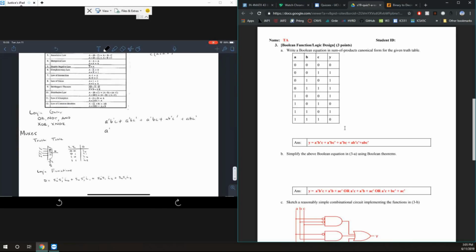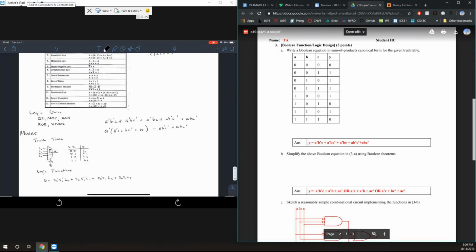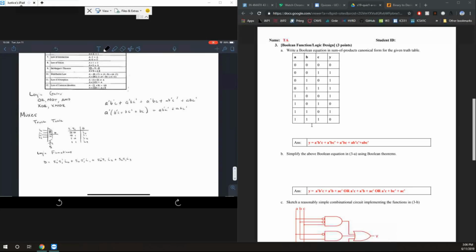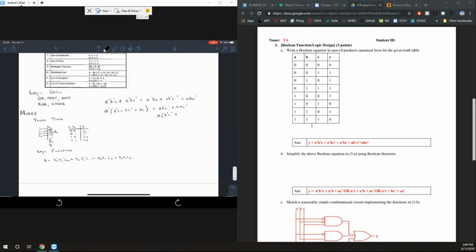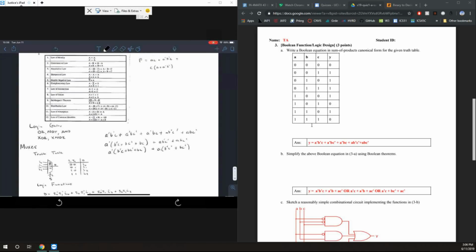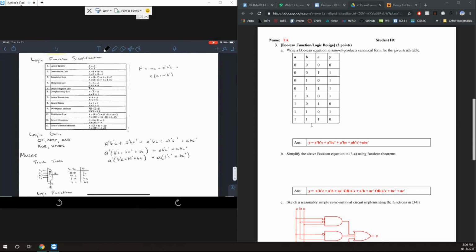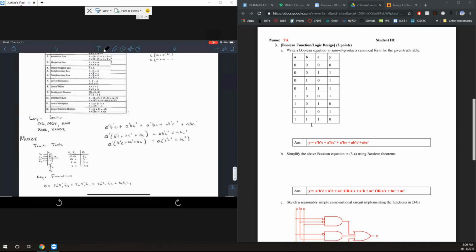So let's say we can take out an A complement from the terms with B C complement and B C, and then you have A B C plus A B C. Take out an A here.